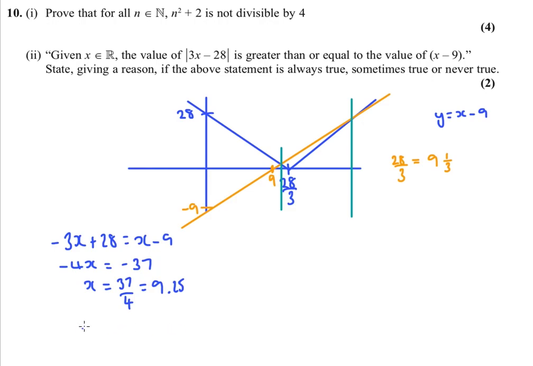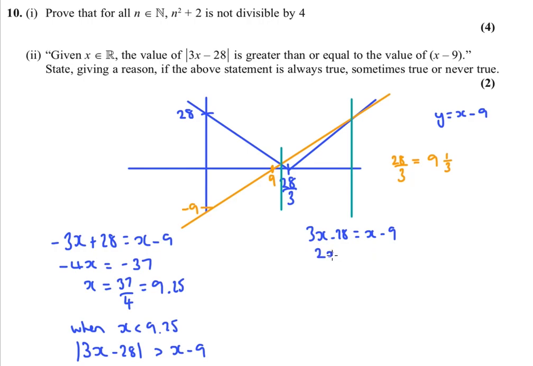So we can say that when x is less than 9.25, the modulus function is greater than x minus 9. But in this region here, when x is between 9.25 and whatever this number is, so let's find that number out too, which is going to be 3x minus 28 equals x minus 9.